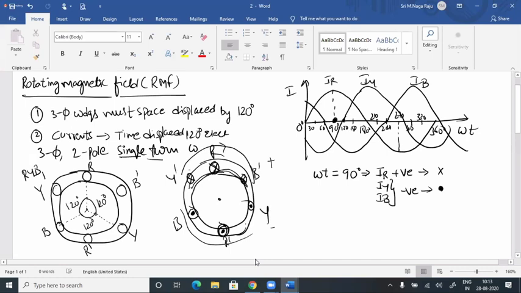See, I'm drawing outside, but the flux will not be outside. It is in the machine. Okay, I'll draw here otherwise. This is the flux direction, clockwise direction. We'll have a number of magnetic lines of force. Due to the bottom conductors, the flux is in anti-clockwise direction.